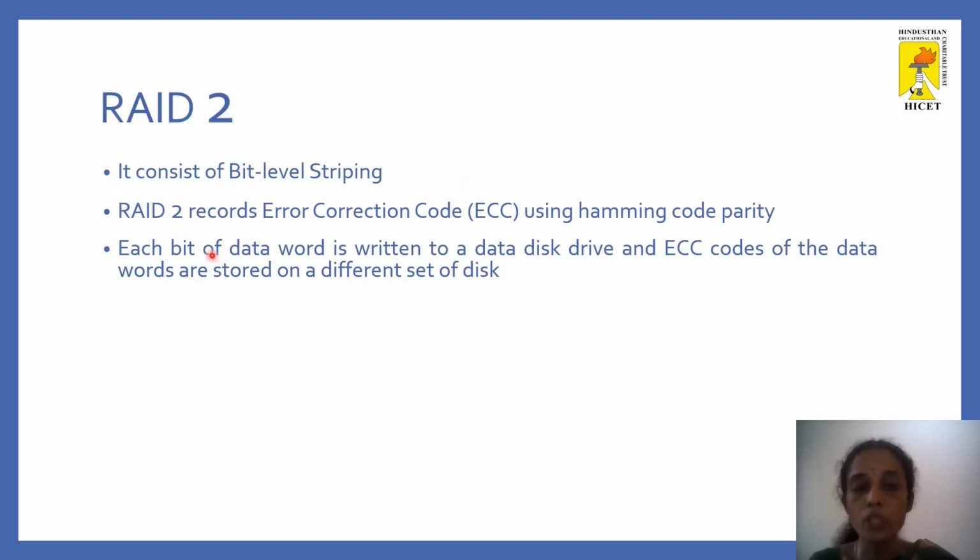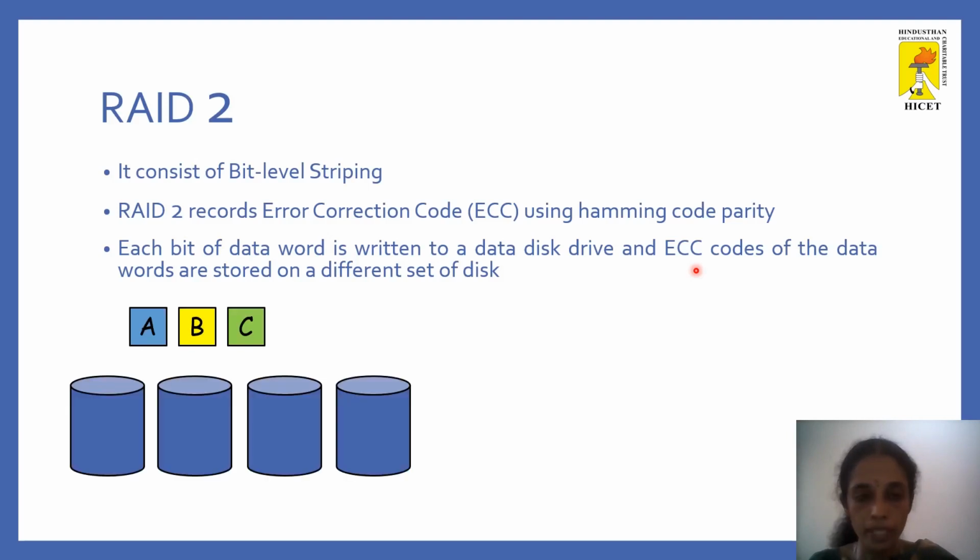Each bit of a data word is written to a data disk drive, and for that data, ECC codes are calculated using Hamming code parity and stored on a different set of disks. But RAID 2 is not used nowadays. It is very rarely used.